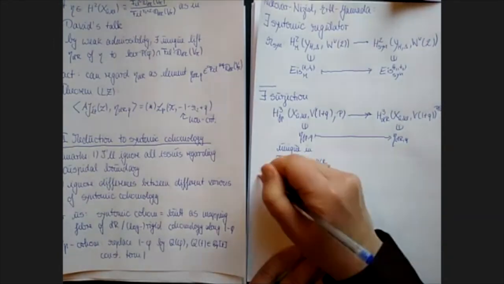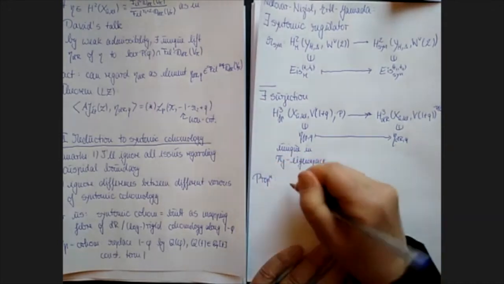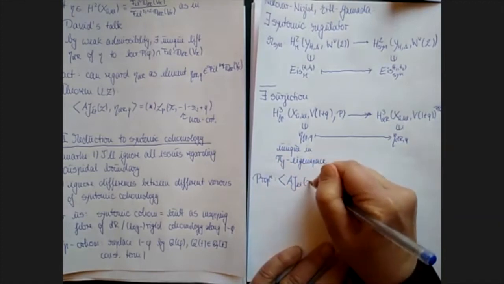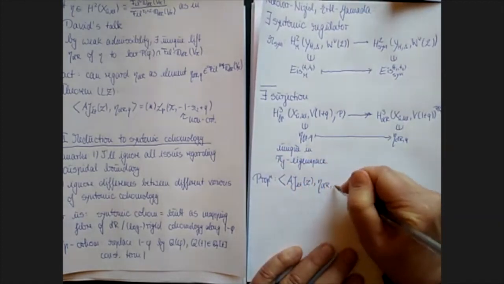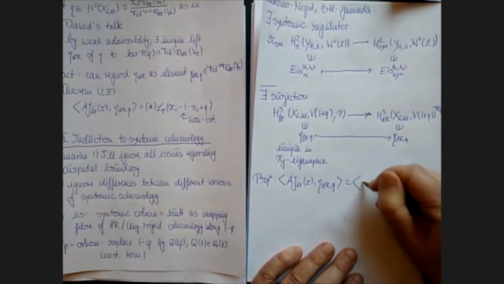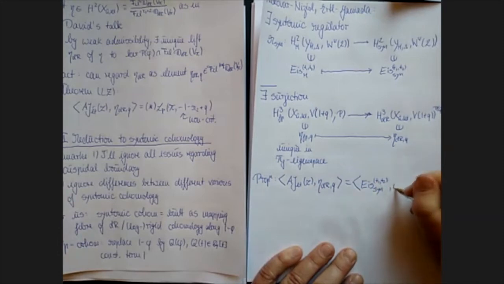Right, now we have the following proposition. Namely that this pairing we want to evaluate is the same as taking the syntomic Eisenstein class and pairing it against the pullback of eta fp q.